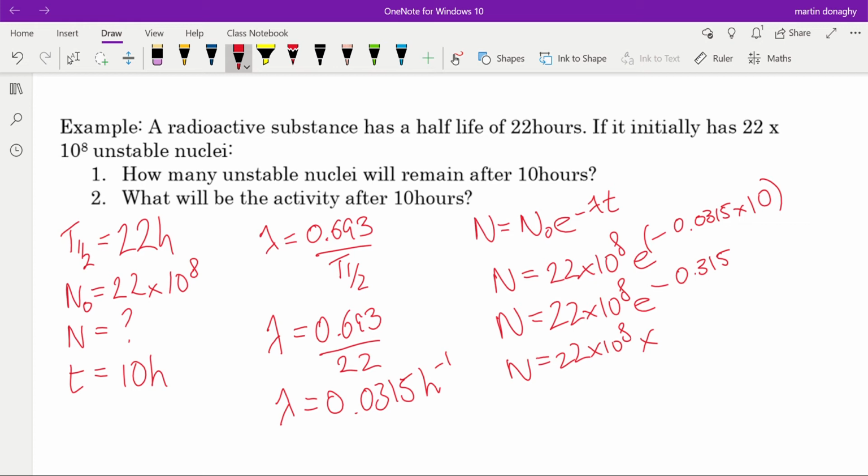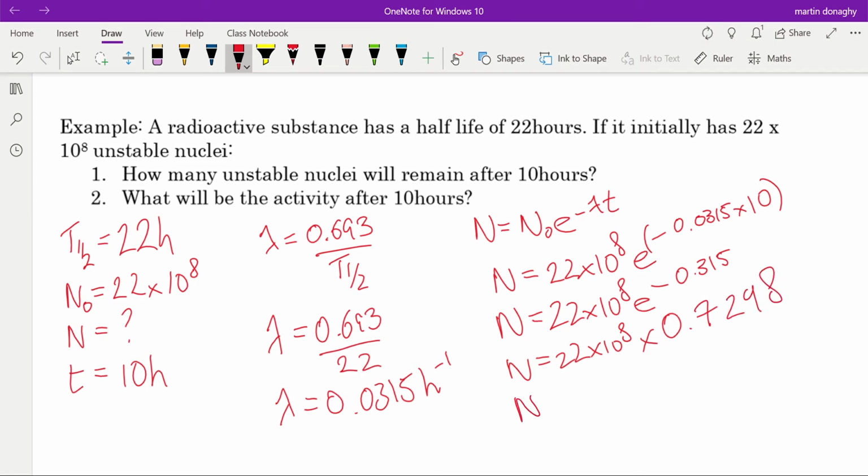So we need to be careful with that. And my calculator does not seem to be allowing me to do this correctly. That's better. So minus 0.315, which is, okay, calculator's playing up. Give me one wee second. Power of minus 0.315.